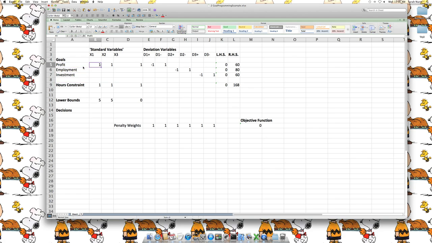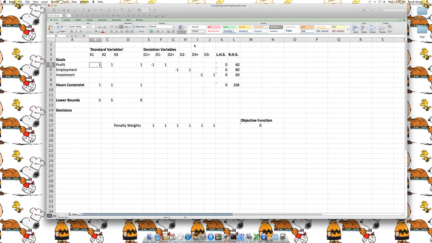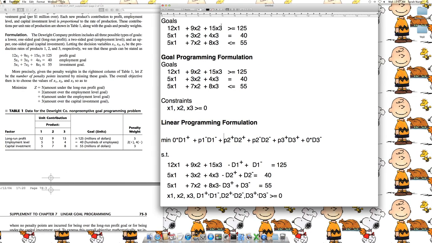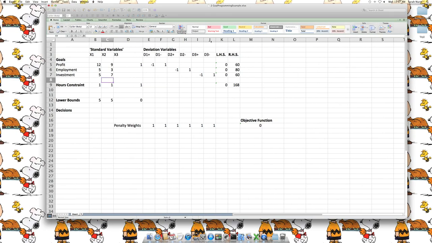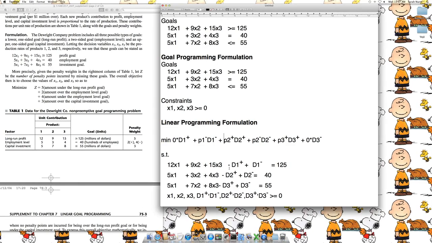And what are the parameters for that? So I have 12, 5, 5, 9, 3, 7. And here is 15, 4, 8. And then my deviations, if you look at the constraints here, I had a minus the plus term and a plus the minus term.